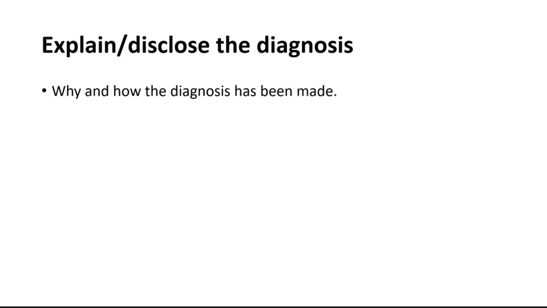Each woman is affected differently by ectopic pregnancy. Some women have no symptoms, some have a few, while others have severe symptoms, severe pain, too much bleeding. So symptoms vary, and it is not always straightforward to make this diagnosis.